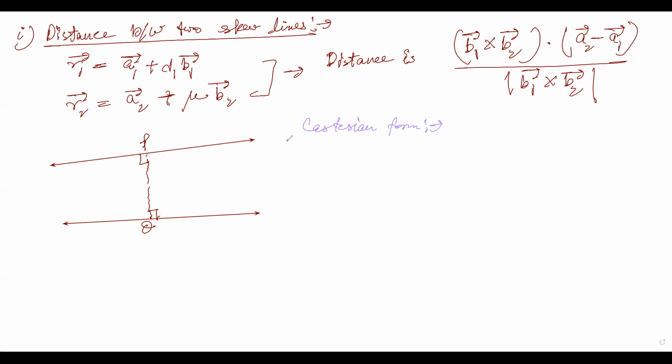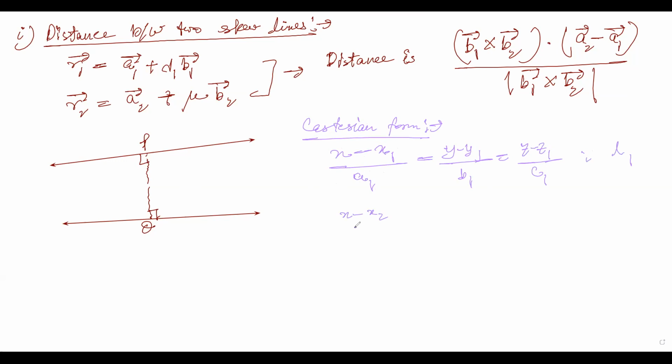We can write the same in Cartesian form. Let's say the two lines are x minus x1 divided by a1 is equal to y minus y1 divided by b1 is equal to z minus z1 divided by c1. This is line L1.